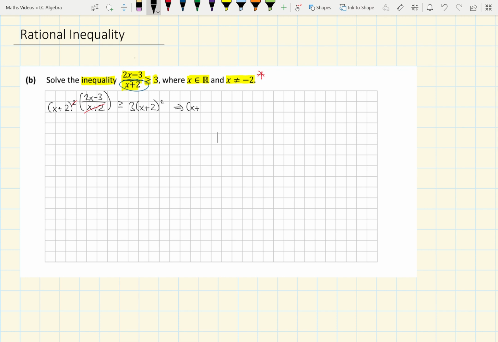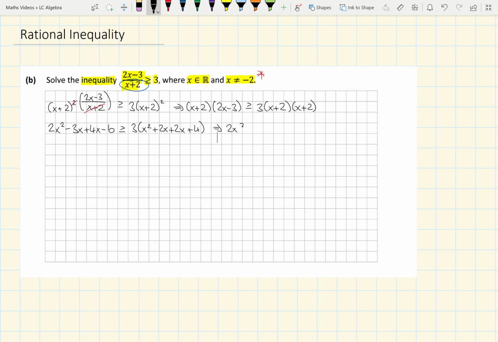And we get x plus 2 times 2x minus 3 would be greater than or equal to 3 times, and you can write your bracket out twice here. Okay. So we're just going to multiply it now and tidy up: 2x squared minus 3x plus 4x minus 6 greater than or equal to 3 times x squared plus 2x plus 4.